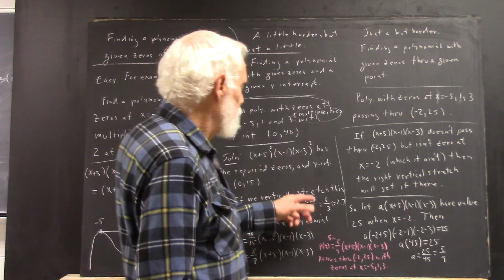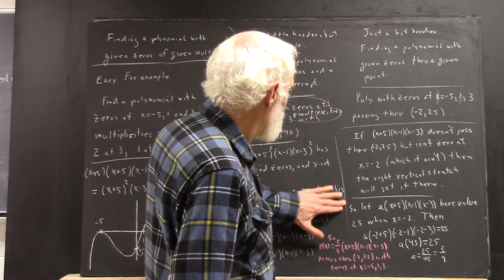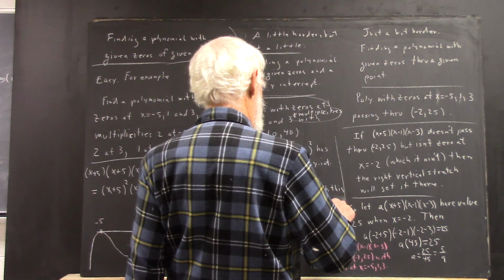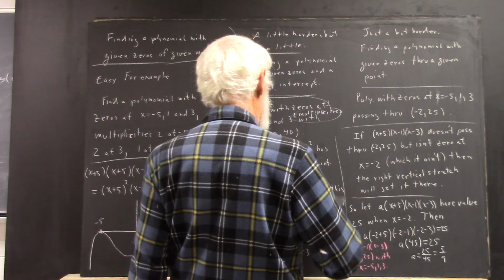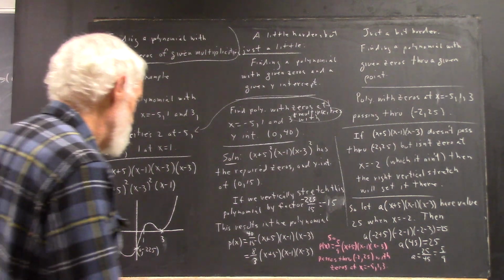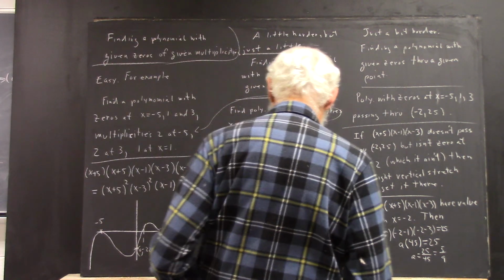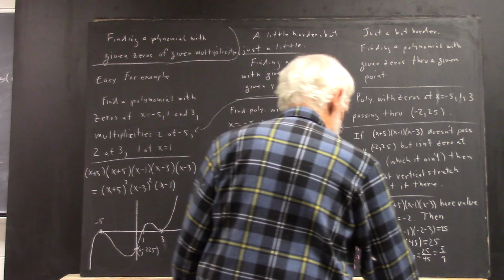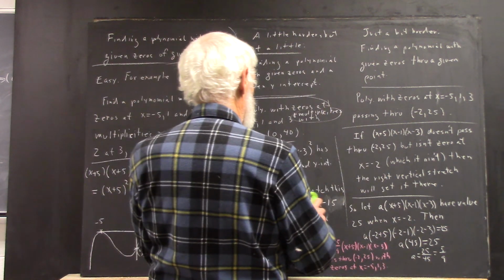So 225 is the square of 15. And that's just a coincidence. I didn't plan it that way, but this would be negative 15. Oh, and that's totally wrong. Put the wrong numbers in there, and I need to be more careful. And you need to be more careful.